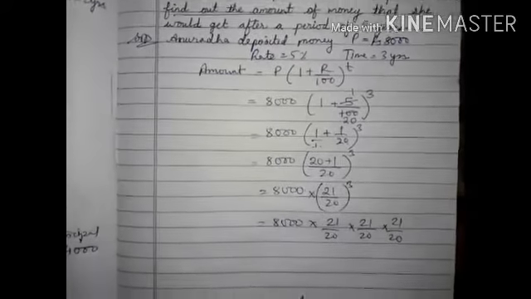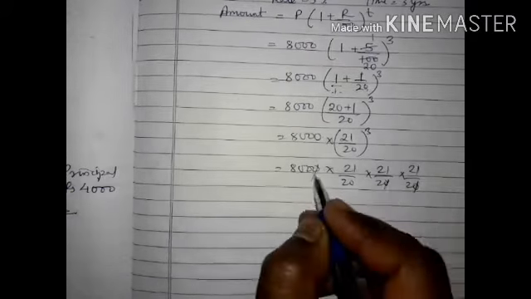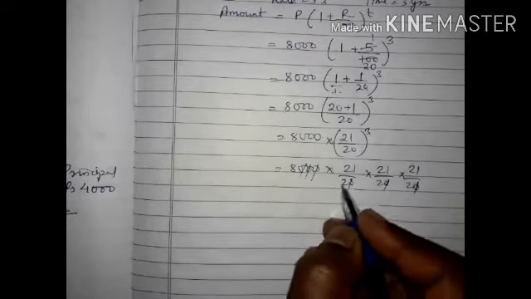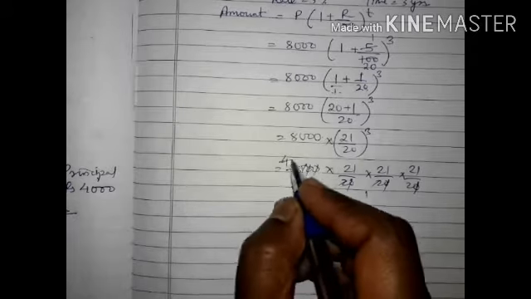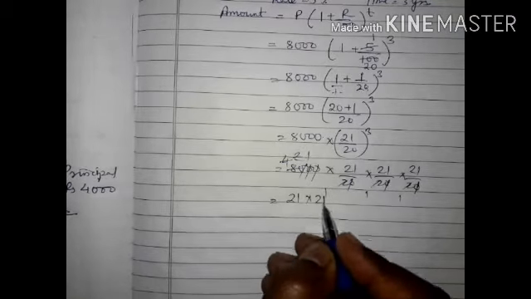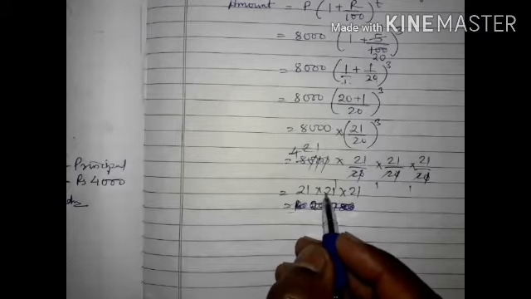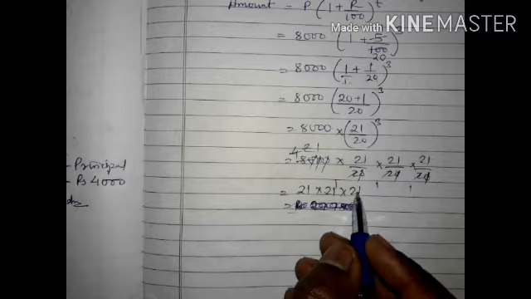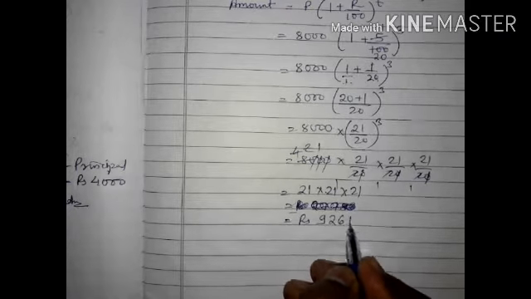Now here you have to cancel. Zeros cancel. 2 ones are 2, 2 fours are 8, 2 ones are 2, 2 twos are 4, 2 ones are 2, 2 ones are 2. 21 multiply by 21 multiply by 21. 21 multiply by 21 is 441, 441 multiply by 21 is rupees 9261.